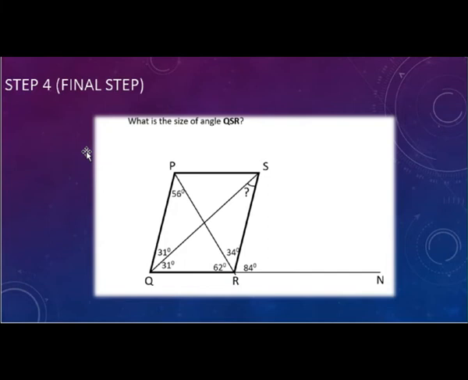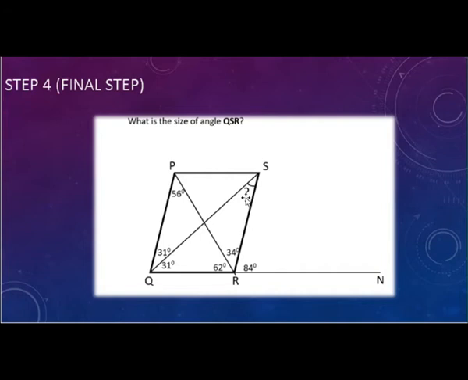Step 4 and the final step. We already now have almost everything we need. We have filled the isosceles, we have 62, and QS bisected this 62 to form 31 and 31 degrees. We got 34 using this straight line here. So now we want to get angle QSR, this angle here.